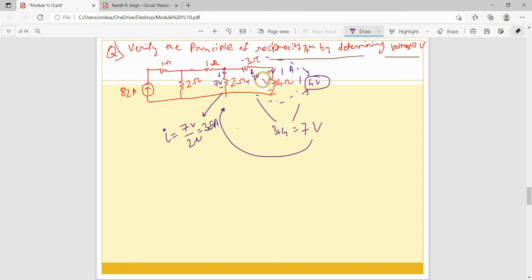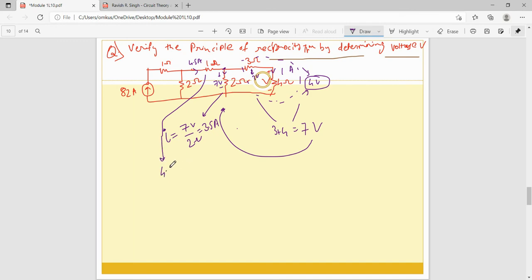Now 7 by 2, or 3.5 ampere, is flowing through this branch and 1 ampere is flowing through this branch. So the current flowing through this branch is 3.5 plus 1, that is 4.5 ampere, right? 4.5 ampere is flowing from here, so what is the potential drop across this 1 ohm resistance?